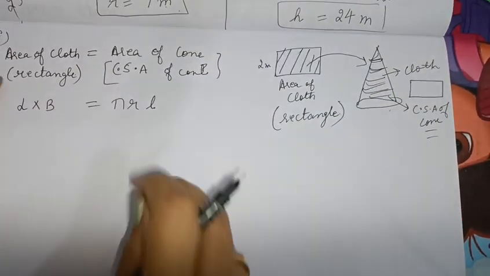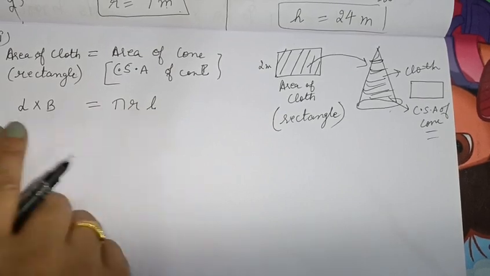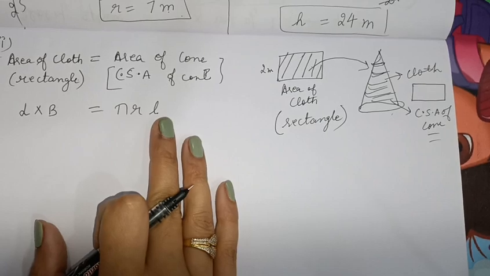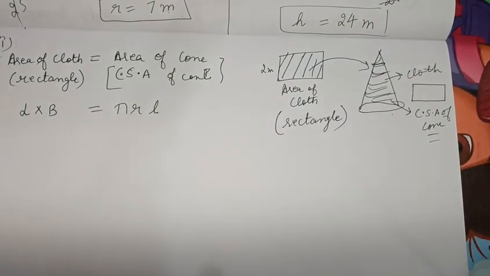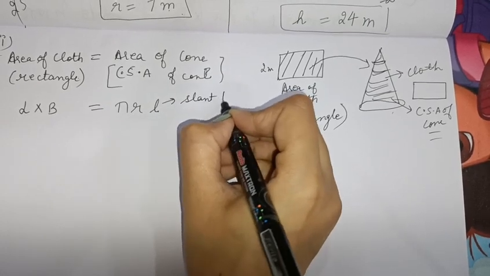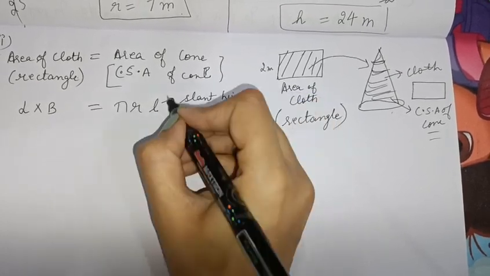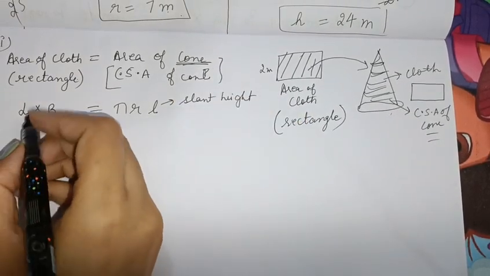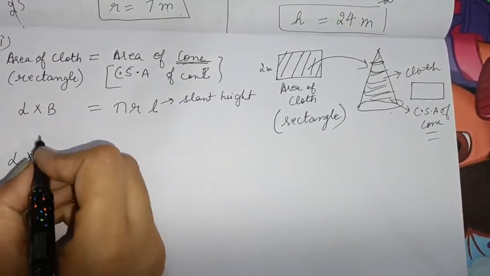pi r l. So here this L and this L, don't get confused. I have seen students getting confused many times. They will feel like this L and this L both mean length only. This is slant height. This L is the slant height of the cone, because we are doing this part for the cone. So length we have to find. Width is given to us.